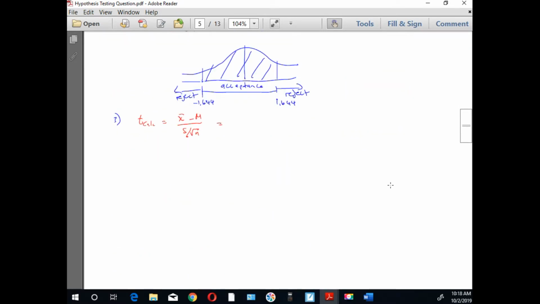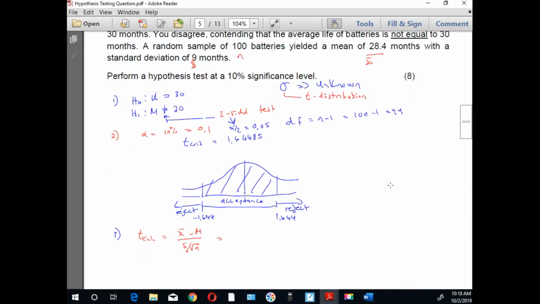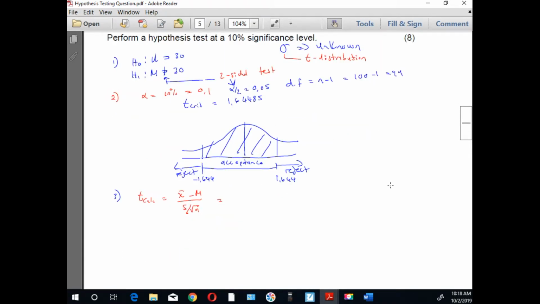Alright, x bar is 28.4 minus 30 divided by 9 divided by root 100.